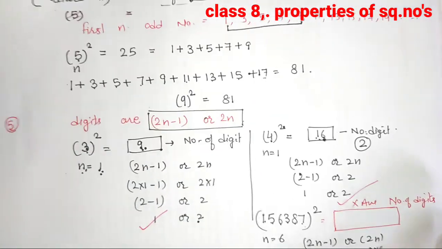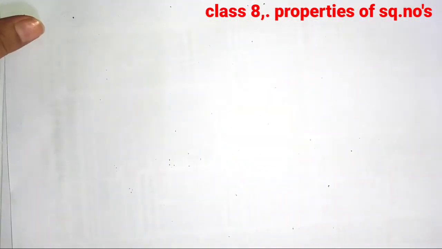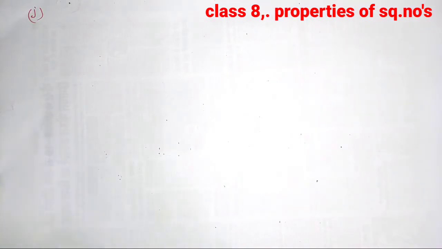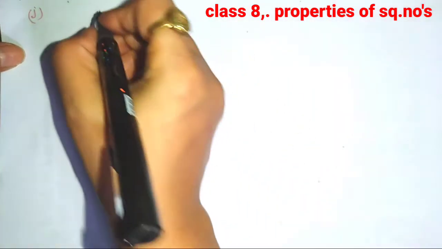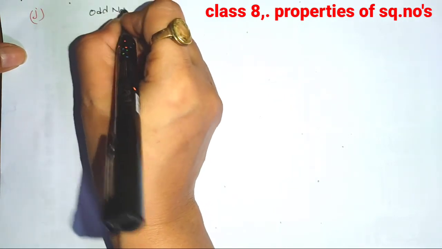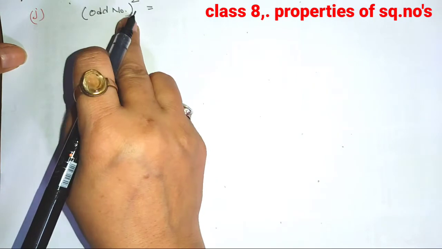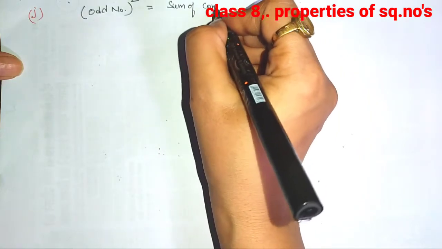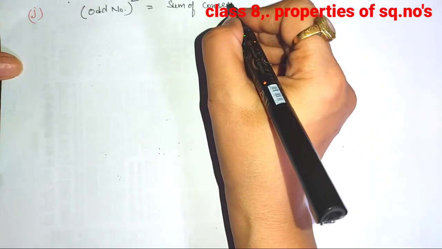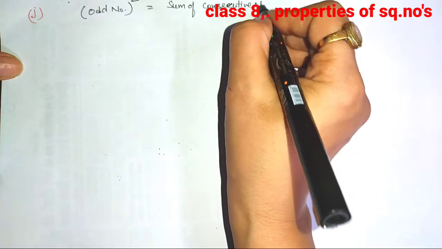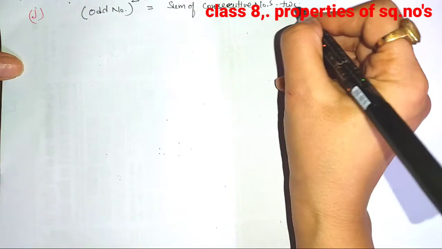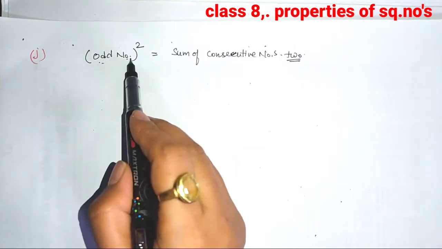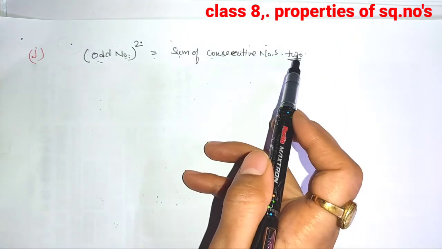Now the next property: the square of any odd number, only an odd number, can be expressed as a sum of two consecutive numbers.